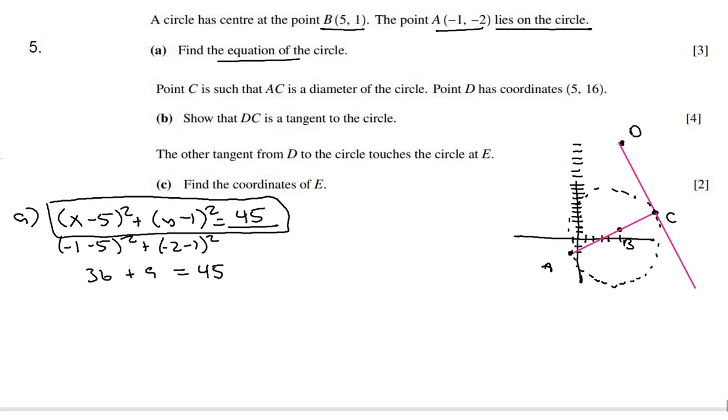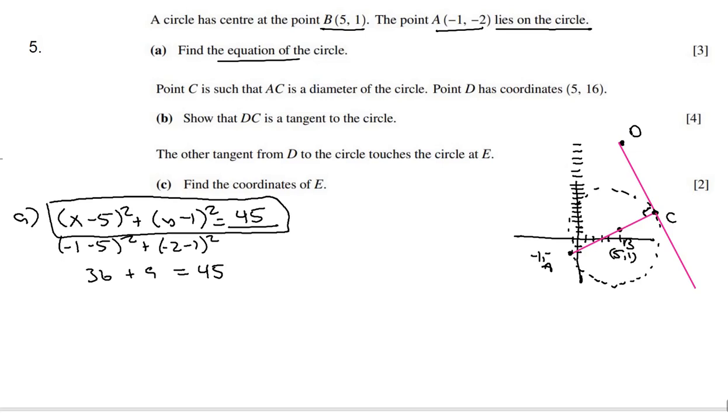Okay? And they want me to prove that this is tangent to it. In order for that to be true, this has to be perpendicular. And so I know that point B is 5, 1. I don't know what point C is, but I do know what point A is.